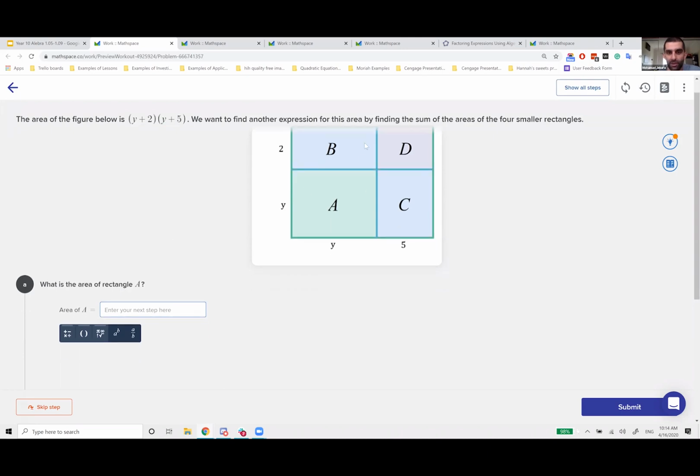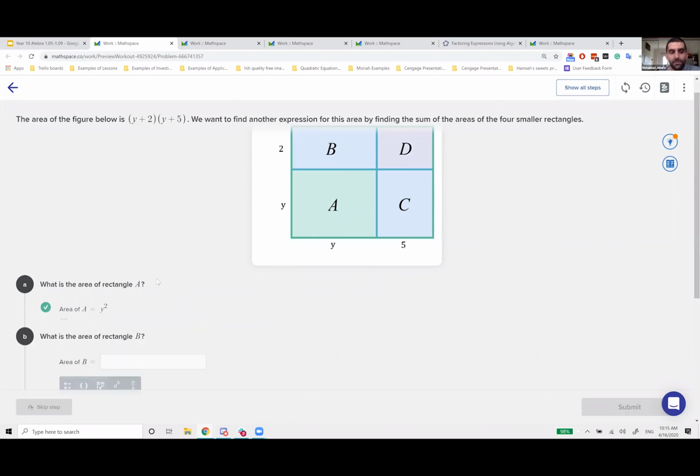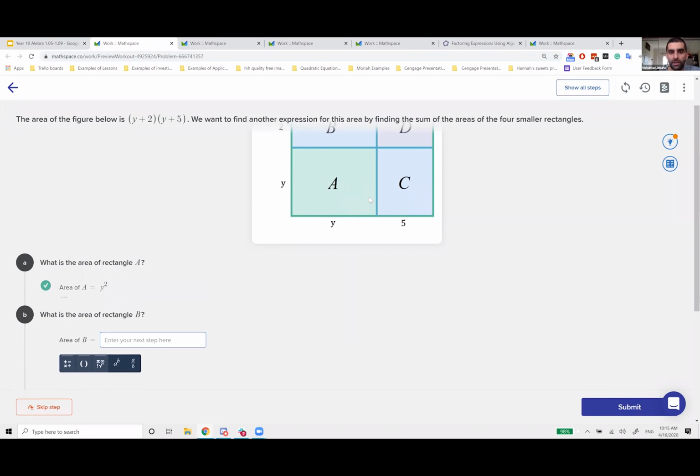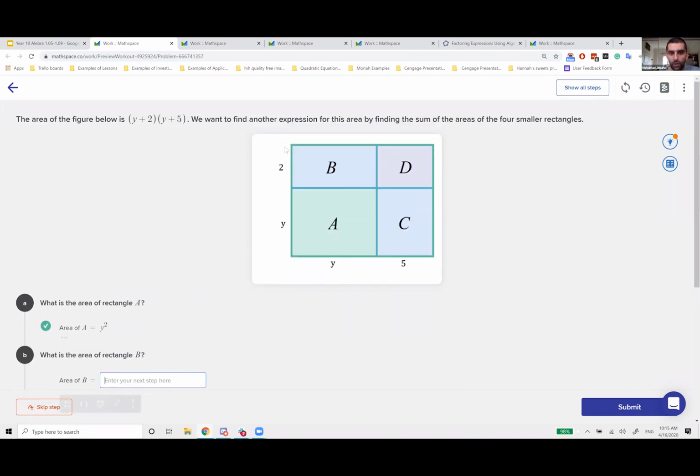Now let's break it up into these smaller rectangles like we did with the other one, and let's find the area of each rectangle. So the area of A is just going to be y times y. So that's y squared. The area of rectangle B is going to be 2 over here, and then that is y. So we're talking about 2y.